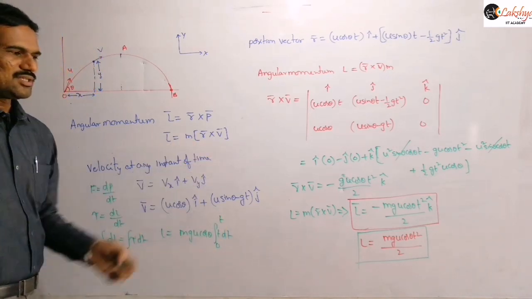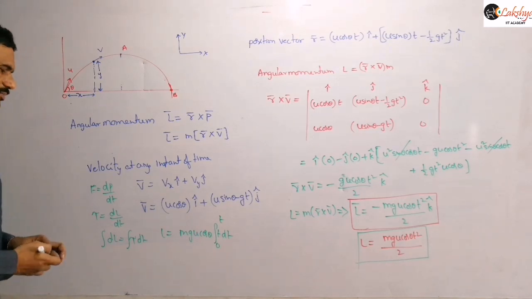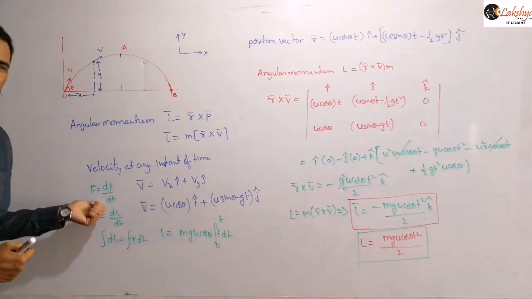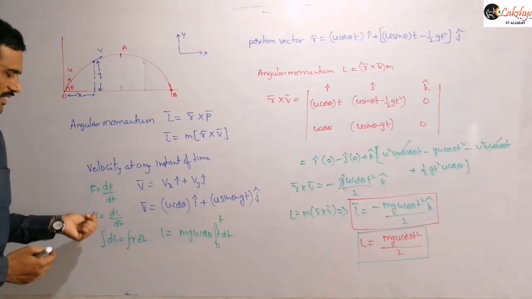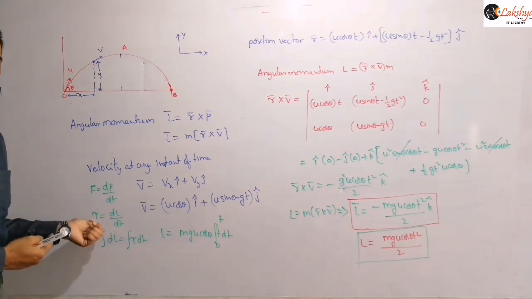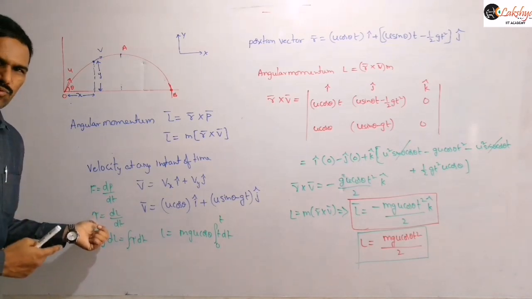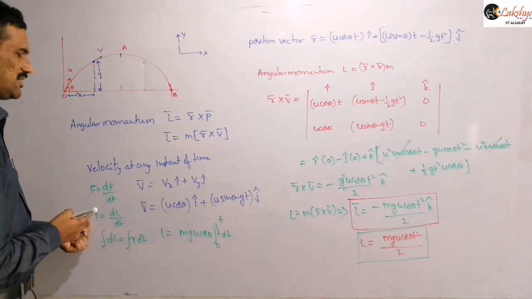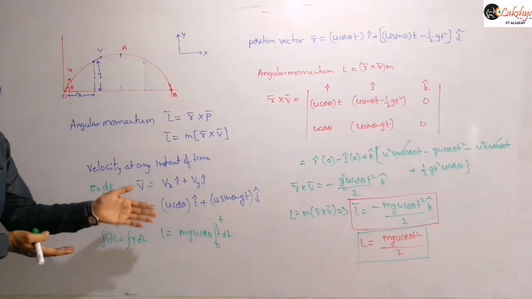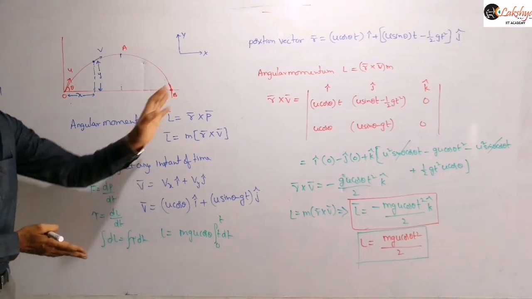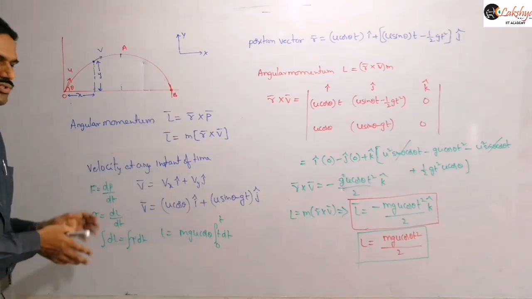That integral from 0 to t is nothing but t square by 2 you will get. This is Newton's second law in linear motion; similarly, this is Newton's second law in angular motion, that means rotatory motion. We will discuss it later. If you know this, you can also calculate like this, or otherwise this will be the general procedure. If you don't know this, don't bother about it.